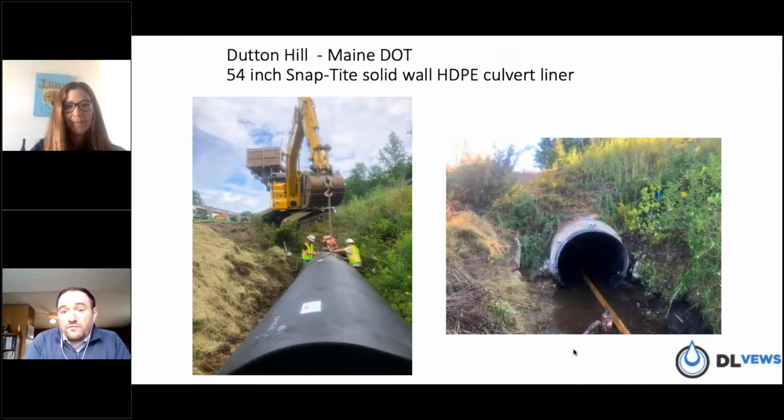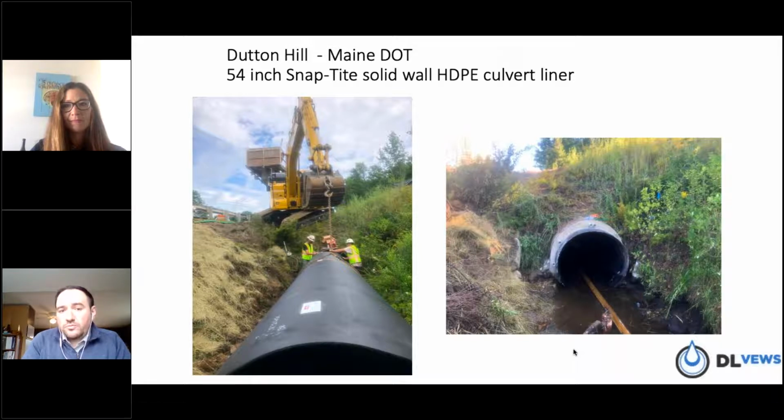So this was a 54-inch solid wall Snap-Tite HDPE, high density polyethylene liner inside of a 60-inch corrugated metal. The reason they line this culvert is because, just behind the excavator there, they're repairing these bridge piers for their brand new bridge just over I-95, just north of Portland, Maine.